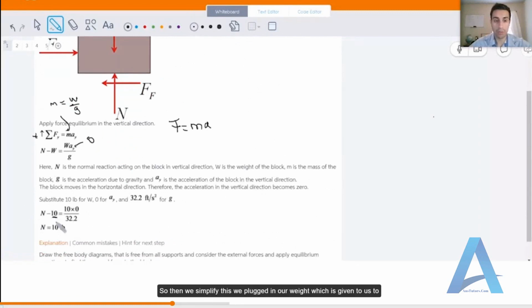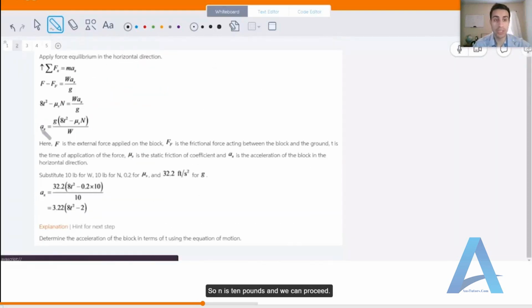We plug in our weight, which is given to us to be 10 pounds for W, equals 10, divided by g, which is 32.2 feet per second squared, since we're in imperial units, times 0 for a_y. So this portion goes to 0 because we're multiplying by 0 since the acceleration in the y is 0. Then we can solve for N, and N is simply 10 pounds. So N is 10 pounds, and we can proceed.